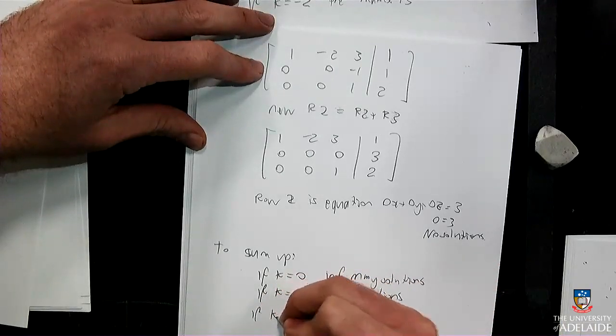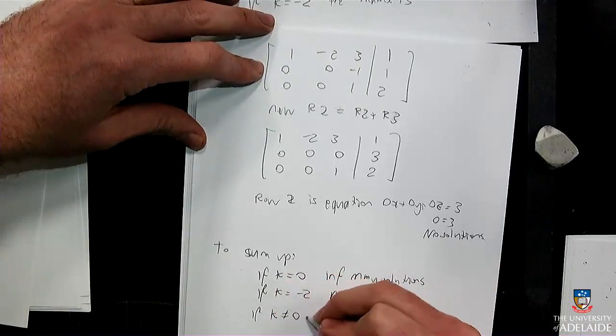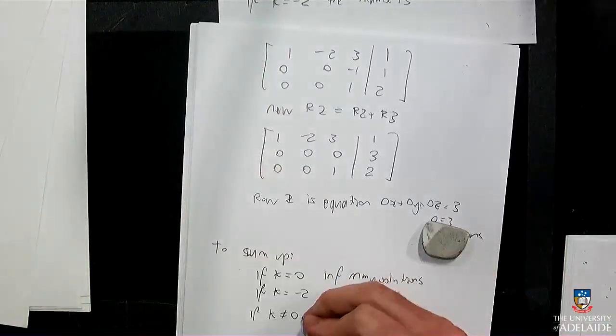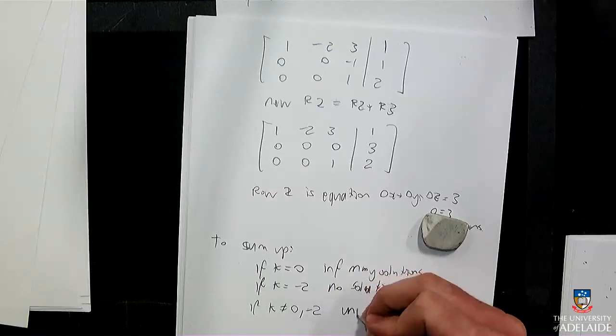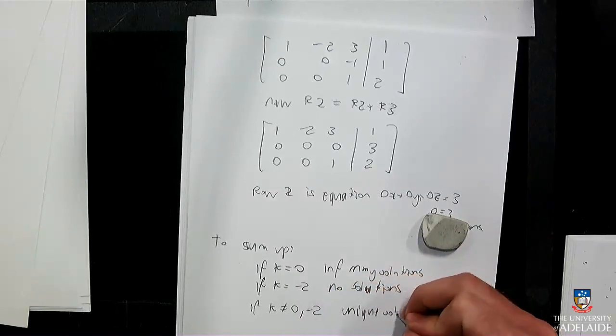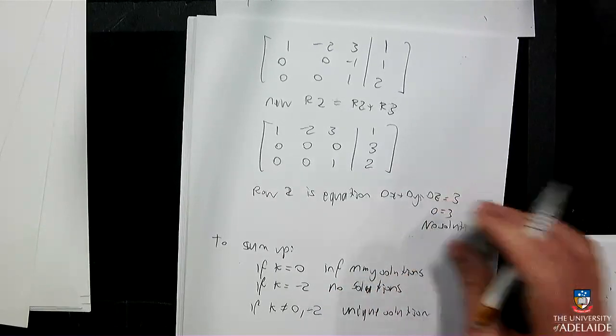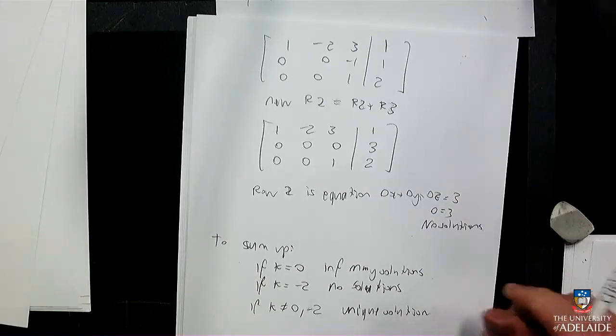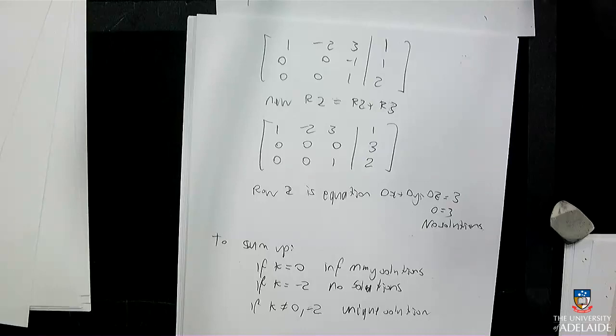And if k is anything else, there's a unique solution. All right, and that would require us to just only tell how the planes were arranged. So let's see.